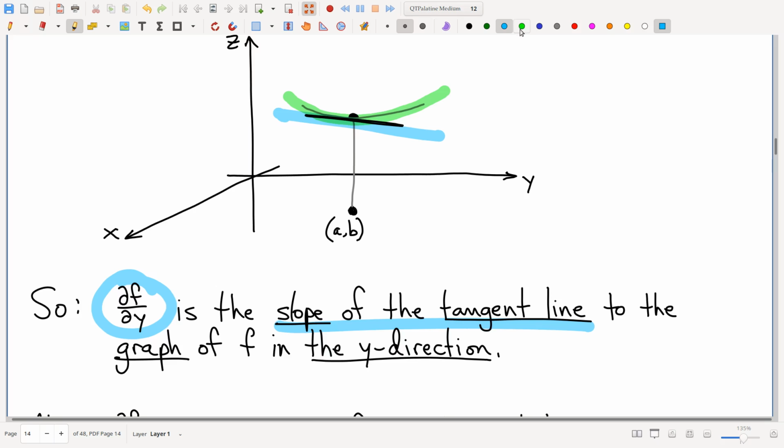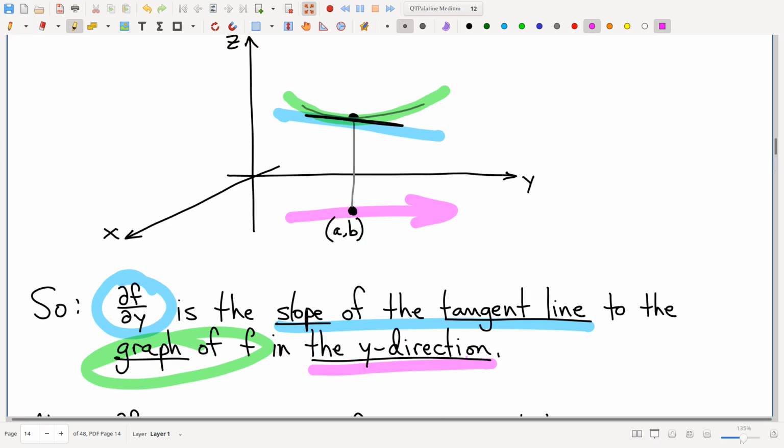Now, very importantly, slope of the tangent line to the graph. I feel like this has to get hit hard. I've got to remind you periodically, this is when we're looking at graphs. This only makes sense in the context of graphs, as we go in the y direction, because that's the direction of our cross-section. So, nice little summary.